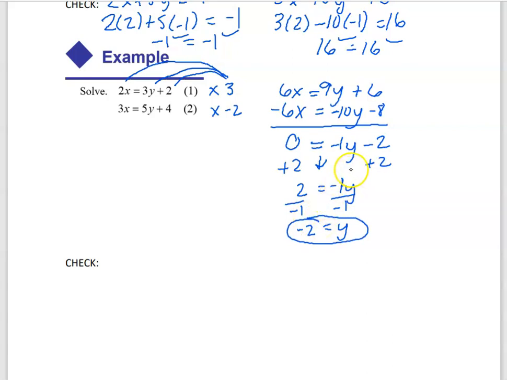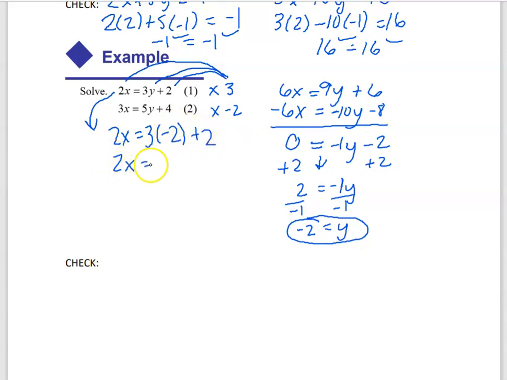Now recall, to find the other answer, I need to plug that in to either this equation or this one or this one. It doesn't matter. Let's just pick the top one. So we've got 2x is equal to 3, but instead of y, I now know that y is negative 2.